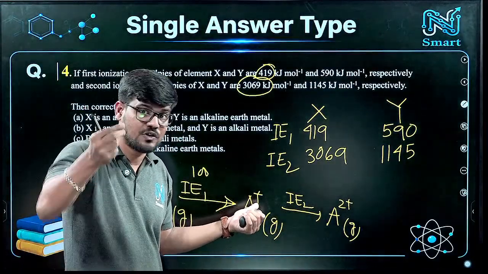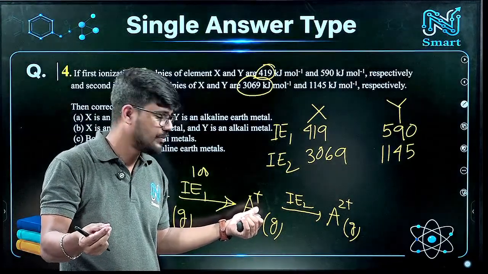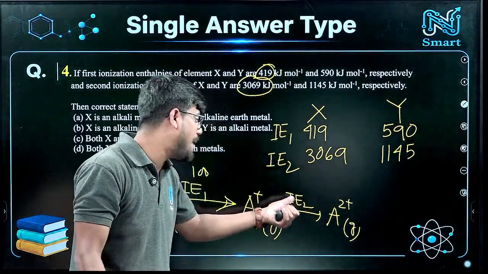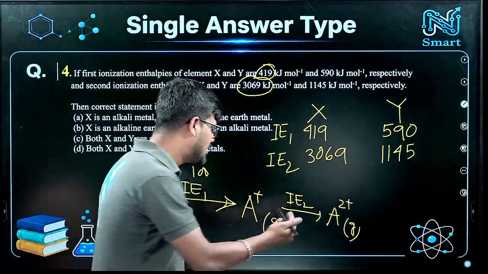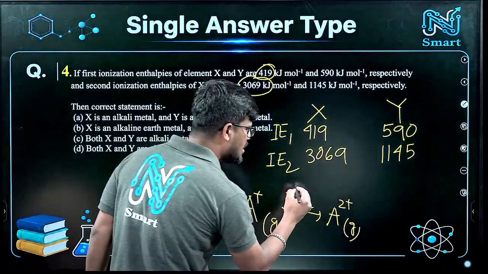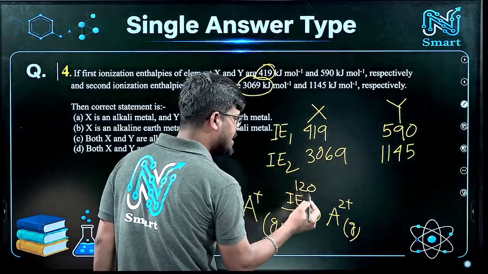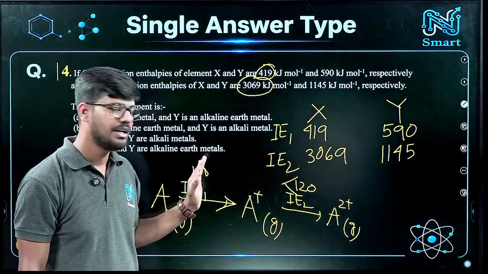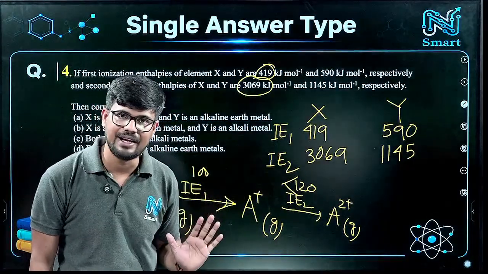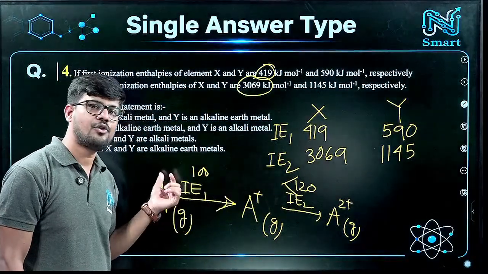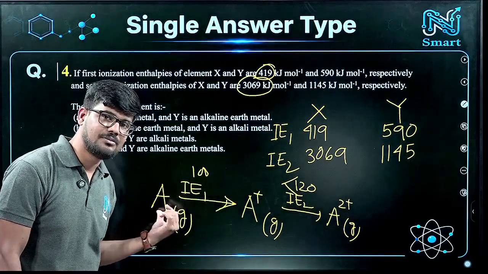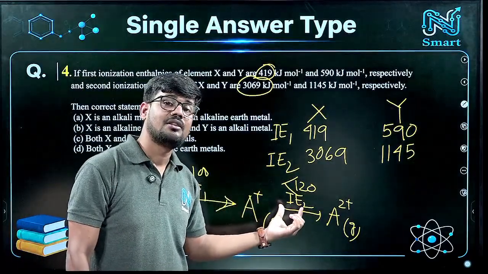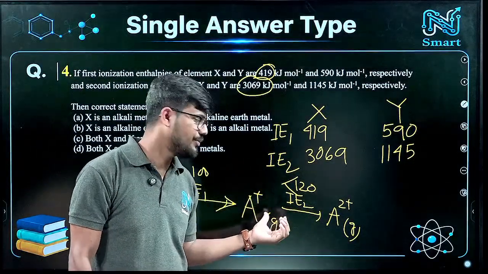Positive charge means more positive charge than electrons. So you have to supply a lot more energy to remove another electron from this cation. If it is 100 here, let's consider 120 here. The point is, it must be greater than 100. Removing an electron from an atom is easier than removing an electron from a cation.